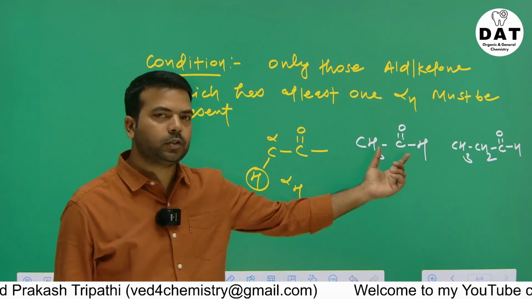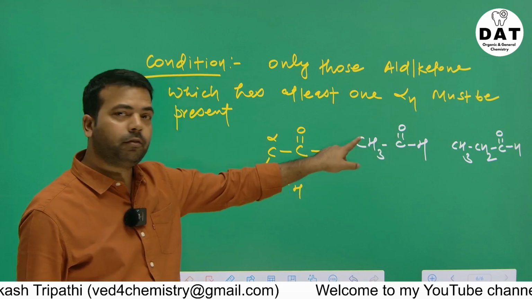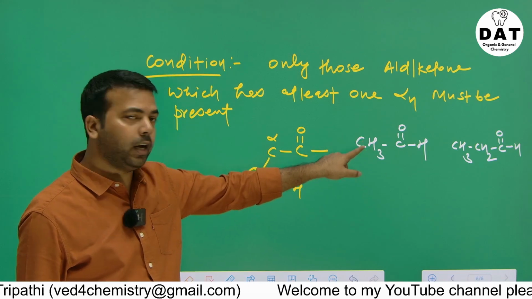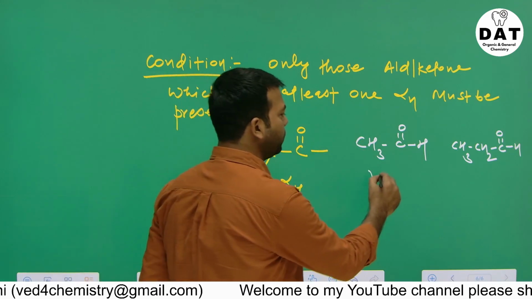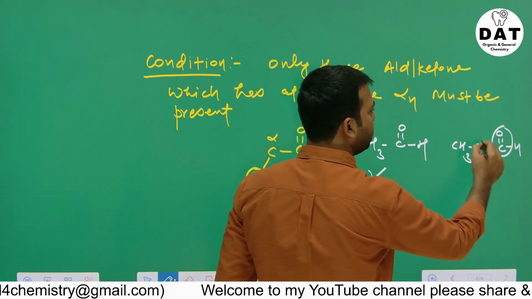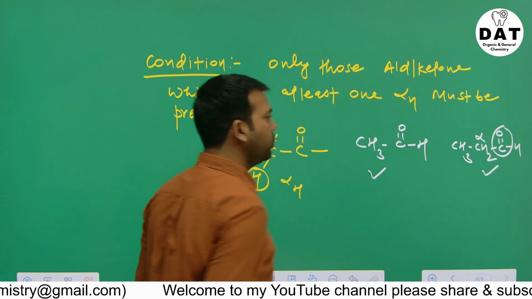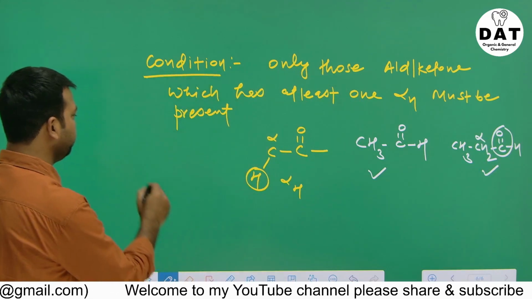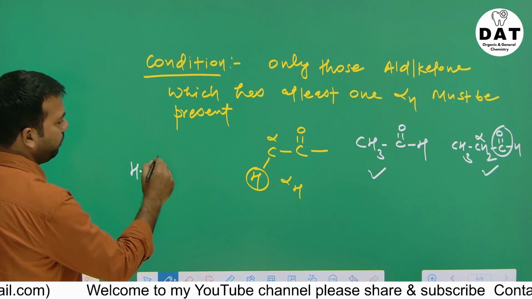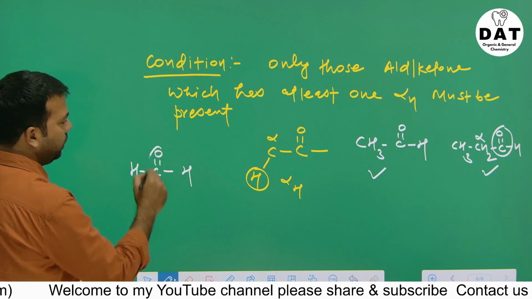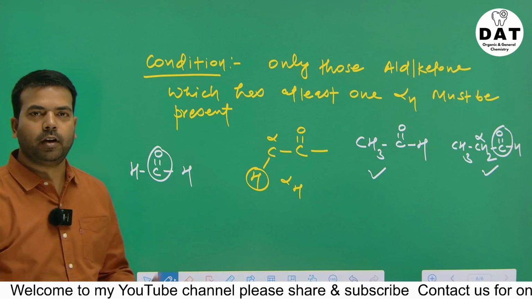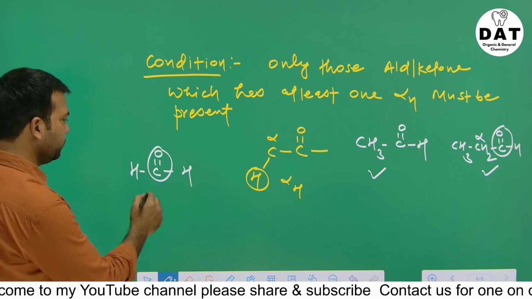So in the first one, the carbonyl neighboring is alpha carbon and has a hydrogen, so it will show tautomerism. Here as well, this is alpha carbon and having alpha H, so it will show tautomerism. In this case, we don't have any alpha carbon, so there is no tautomerism.